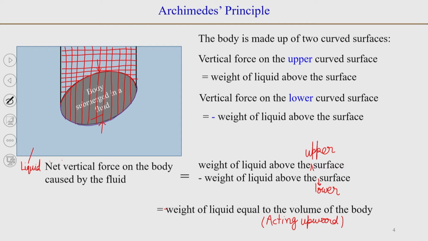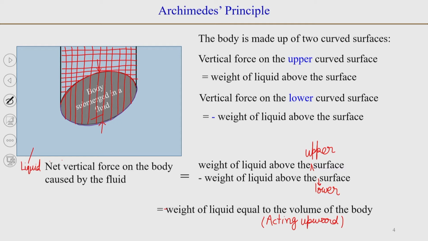So, the weight of the liquid equal to the volume of the body will be the force and it will be acting upward, and that is what Archimedes principle is. So, by simply looking at the hydrostatic force acting on the entire surface of the body, we could obtain Archimedes principle.